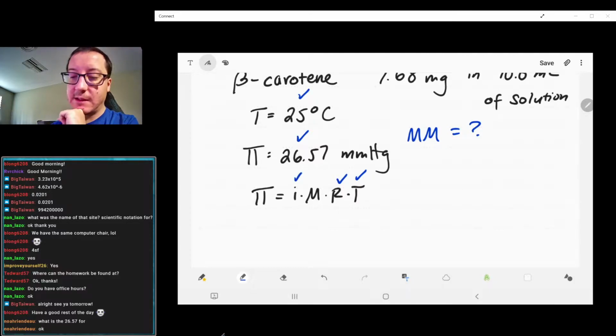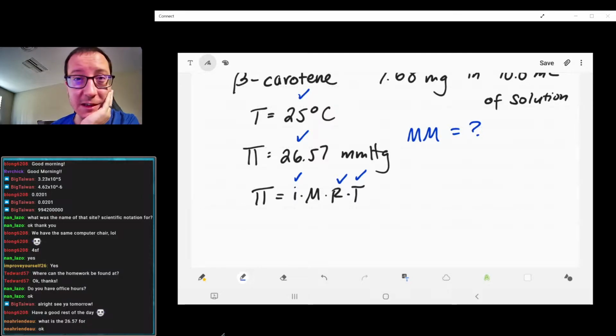And because beta carotene is not an ionic solid, we know that because... hold on, I'm maybe about to sneeze. No. It's the worst feeling. How do we know it's not an ionic compound? Look at the name. If it were named like potassium fluoride or something, we know how ionic compounds are named.